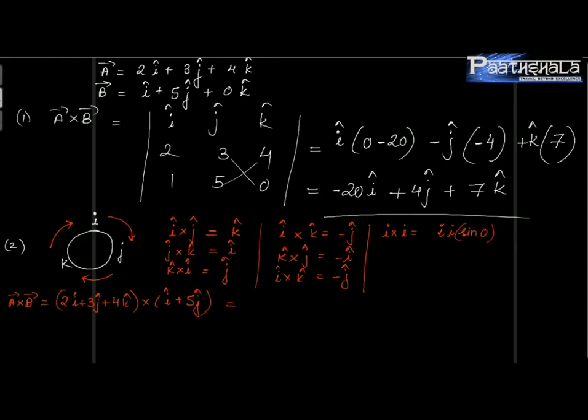Guys, recall that the angle between i and i is 0. So this comes out to be 0. Similarly, j cross j also is 0, and k cross k also is 0. So here i cross i is going to give you a result 0. j cross i has been written over here.